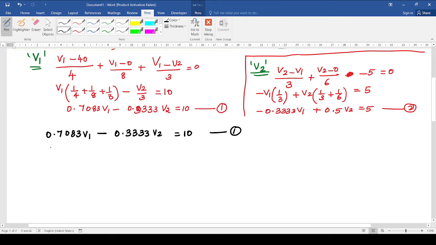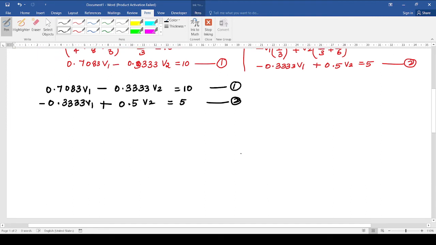The next equation: minus 0.3333 V1 plus 0.5 into V2 equal to 5. Equation number 2.